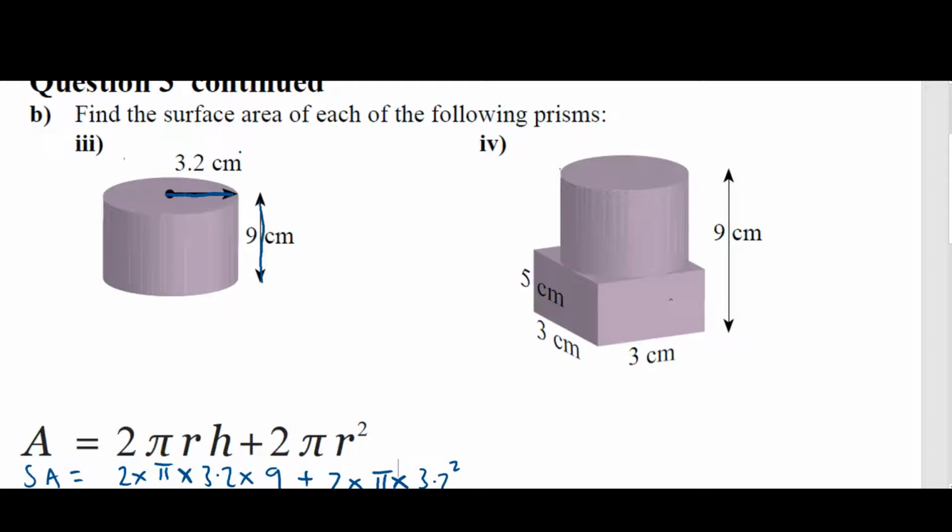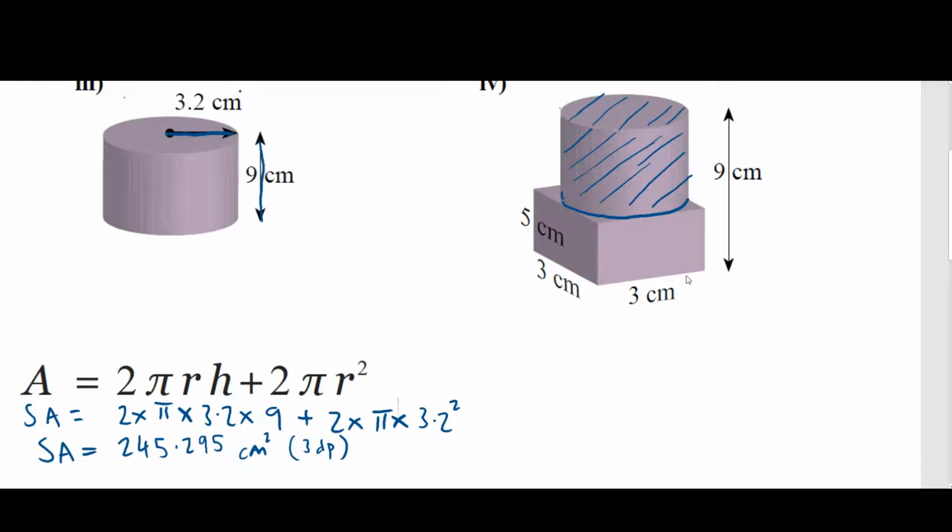Now this is a tricky one. So what we're going to do is take away, there's a base here. There was a base. We're going to take that away from this formula. So the surface area of just this whole cylinder is this.